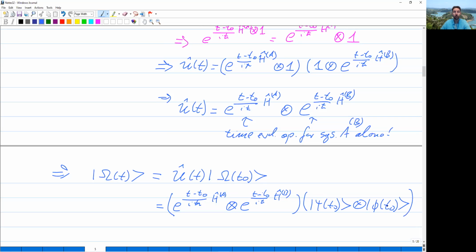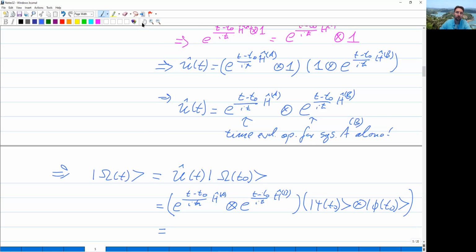Because remember, we started our dynamics by assuming that the two systems are in pure states. The total system is unentangled, right? That was our initial state here. And that's the time evolution of it.